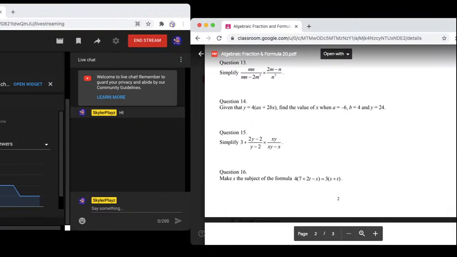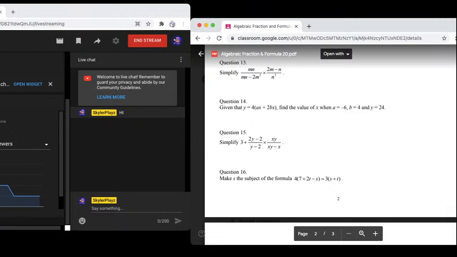So 24 is equal to 4 brackets negative 6 times 4 plus 2 times 4 times x.